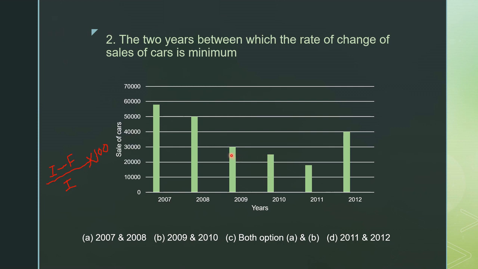So initial value minus final value divided by initial value into 100, we get the rate of change of percentage. Then we have to calculate 2011 and 2012. In 2011 the initial value is 18,000 and in 2012 the final value is 40,000.